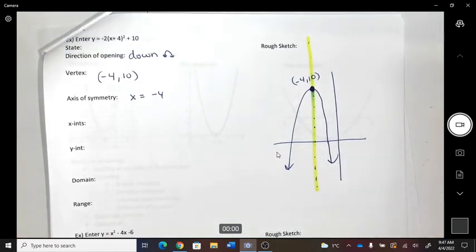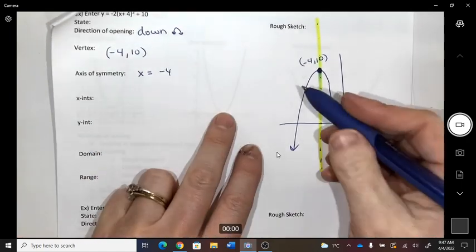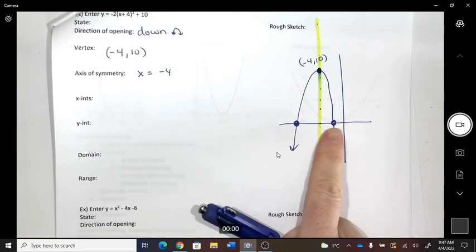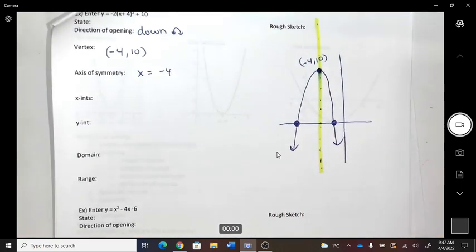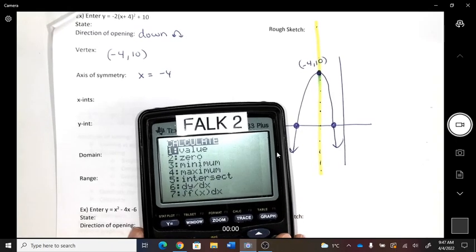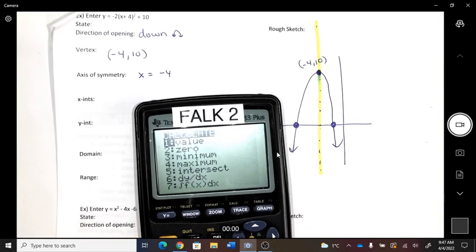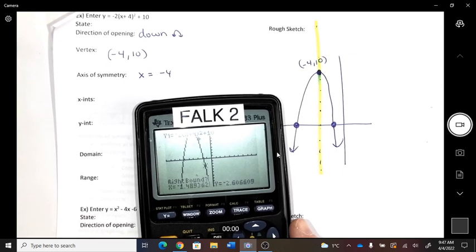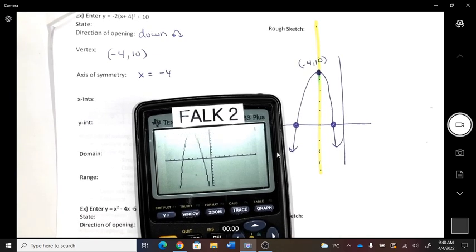Okay, the X-Intercepts. So can you get me this coordinate and this coordinate? I want those two. So I'm going to go second calculate. And then, do you remember it? It's called a zero. Number 2. So you're going to have to decide which one you want to do first and then second. It doesn't matter, but you have to be left, enter, right, enter, and enter a third time.